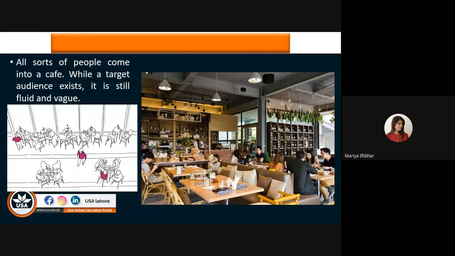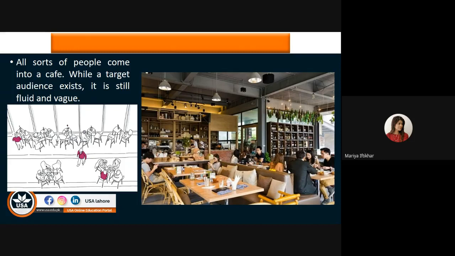So the first thing is that the cafe interior is important because the majority of the people go to the cafe to spend some time there, to have quality time, to grab a coffee, to grab a piece of cake, or to spend time with their friends. So all sorts of people come there, and there is no specific targeted audience.